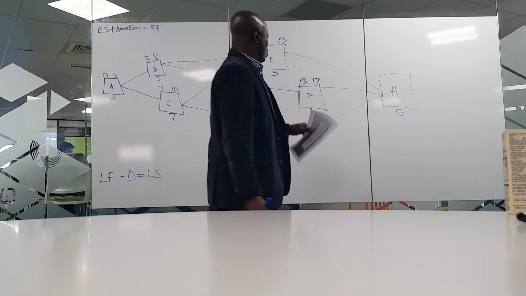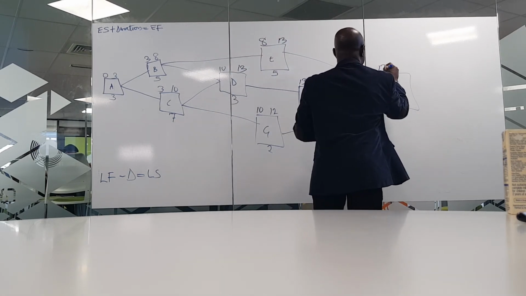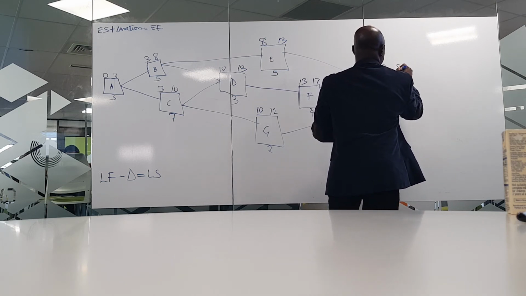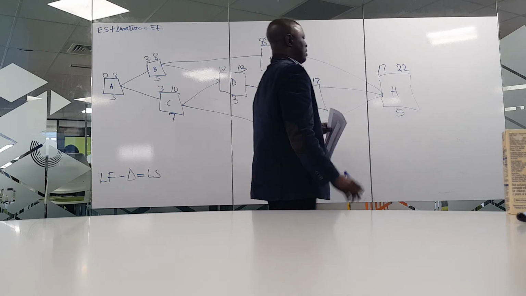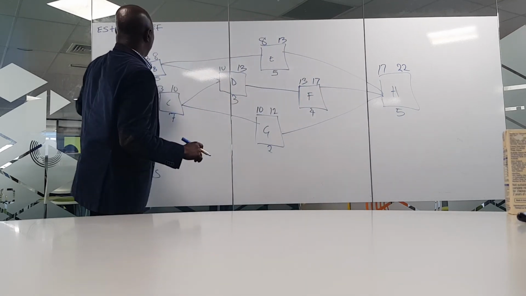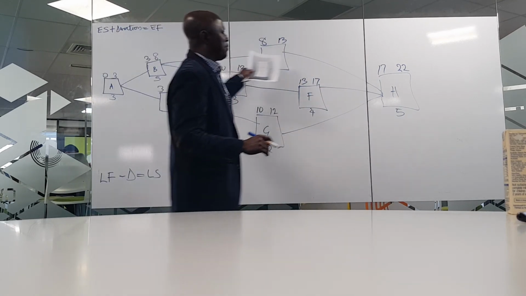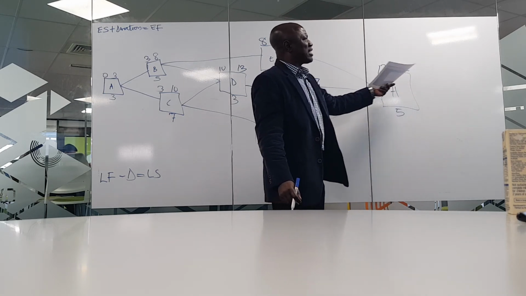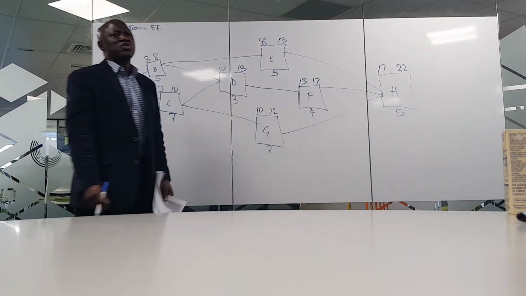So we make our 17 here as ES, and we add 5, we make it 22 as EF. We're moving forward, calculating from the beginning to the end, meaning that all activities will be completed in 22 days.